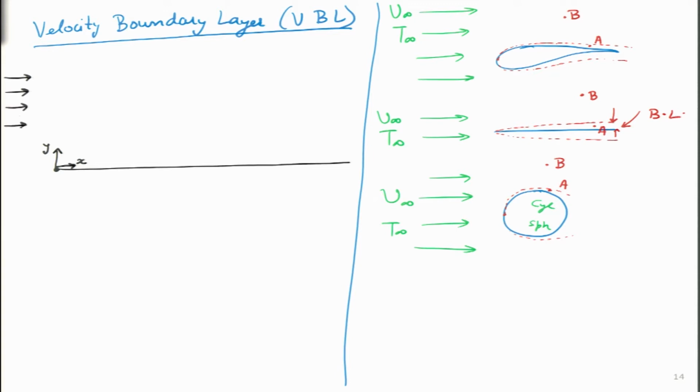We usually call it the free stream velocity, which I will represent as u infinity, and I will explain in a little while why we are taking this symbol u. If you use vector notation, I can write the velocity field as a vector with three components: u i, v j and w k.